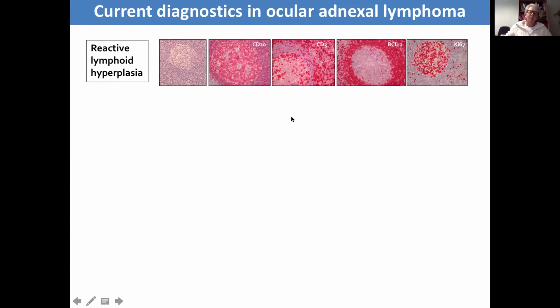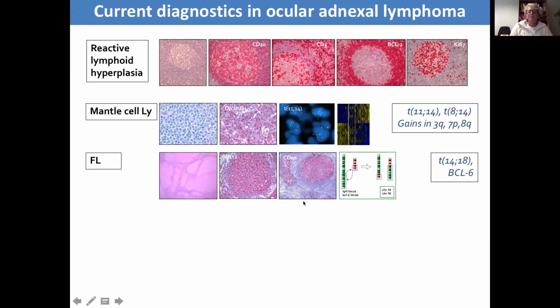And indeed, you may have to do the IgH PCR to demonstrate clonality if you really think it is indeed a lymphoma. The other differential diagnoses include the follicular lymphoma, and another small cell B-cell lymphoma, which really shouldn't be overlooked, namely the mantle cell lymphoma.